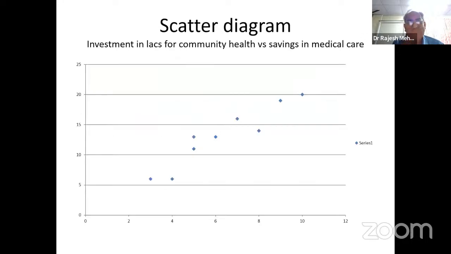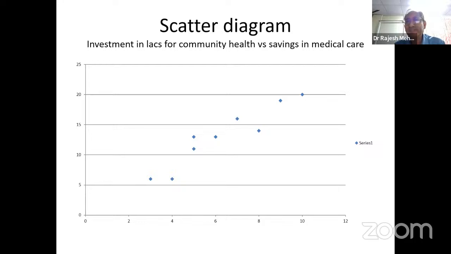But in this case, for example, we can see the dots. If you draw a line between the dots, it is a straight line showing that as one thing increases, savings in medical care will follow. I will give one example.